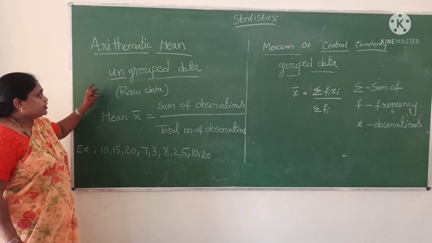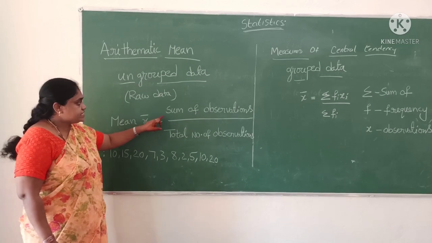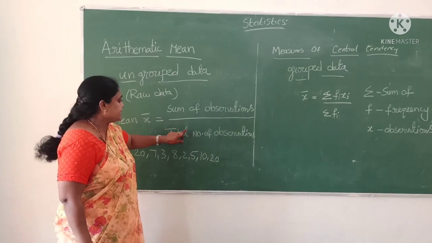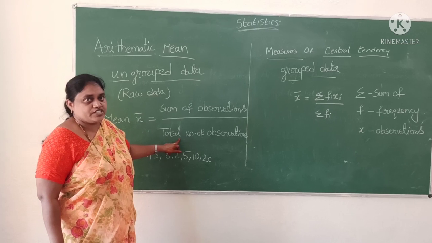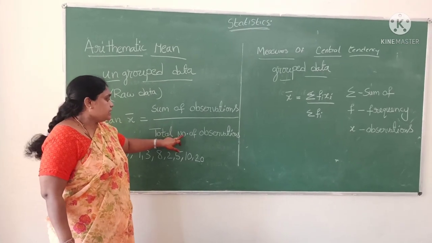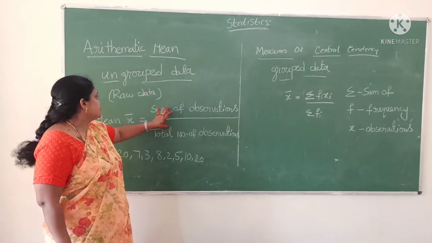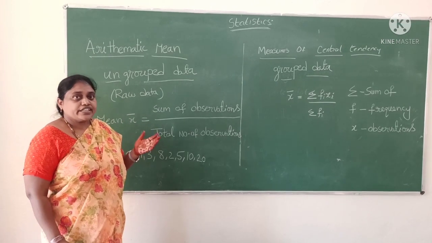For ungrouped data, mean x bar is equal to the sum of observations divided by the total number of observations. This formula is used to calculate the arithmetic mean of raw data.